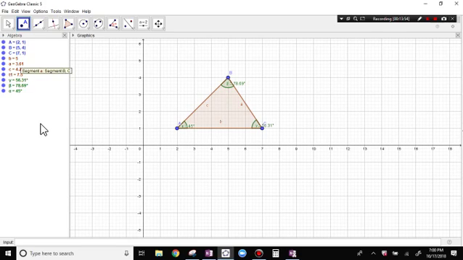That's A. A is 3.61. And suppose I have this angle. This is called the ambiguous case that we're talking about.